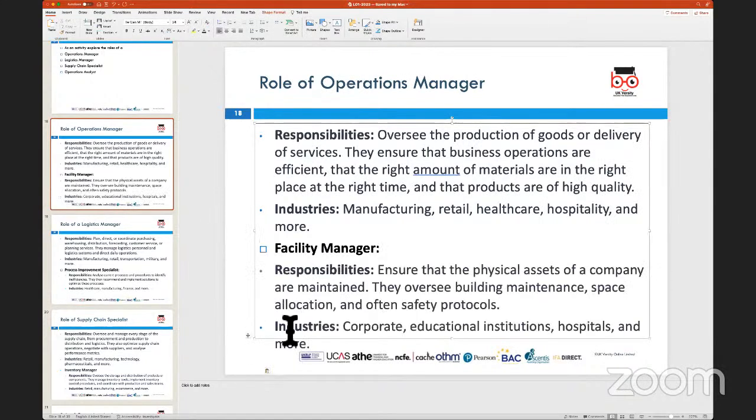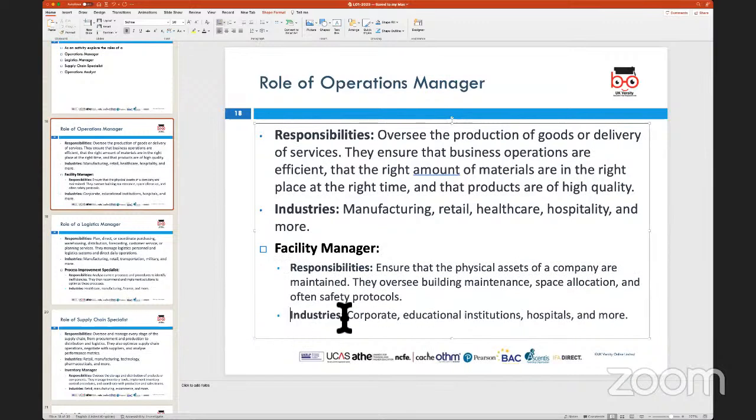You could have somebody like a facilities manager. This would be somebody who's working within a particular factory or site, and their aim is to ensure physical assets or the physical side of things, like toilet facilities or infrastructure facilities, I would say office facilities, and safety are taken care of. They would be the facilities manager.